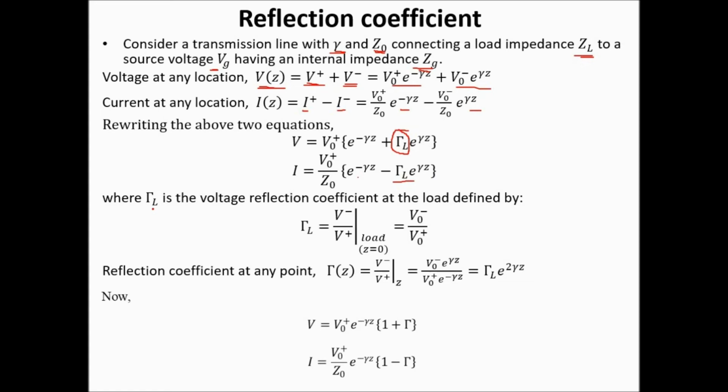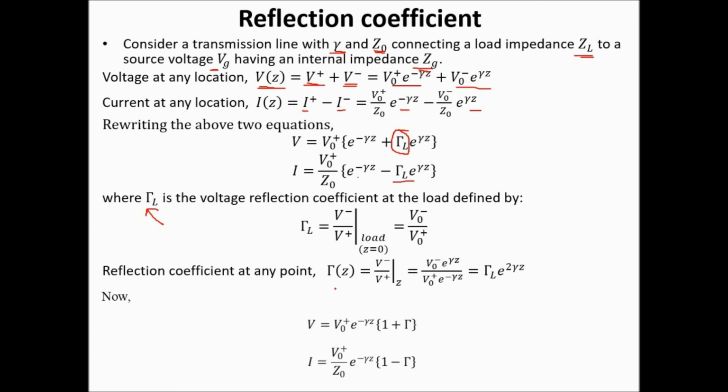So now gamma L is called the reflection coefficient at the load, equal to V minus, the reflected wave, over the incident or forward voltage wave at z equal to 0. Or simply you can write V0 minus over V0 plus. So V minus means the reflected wave and V plus is the forward voltage wave, but V0 minus is the magnitude and V0 plus is the magnitude.